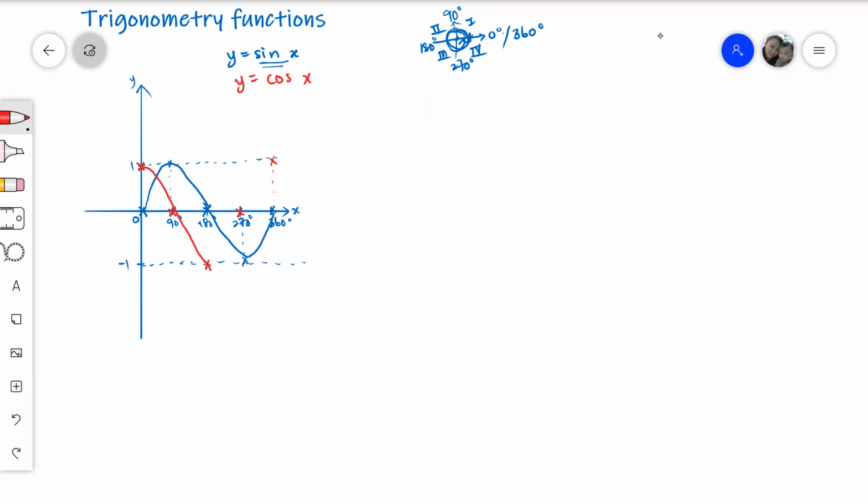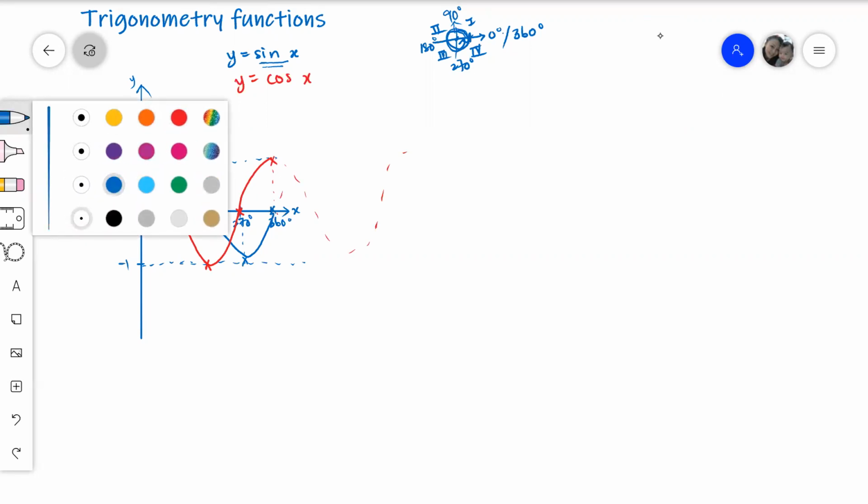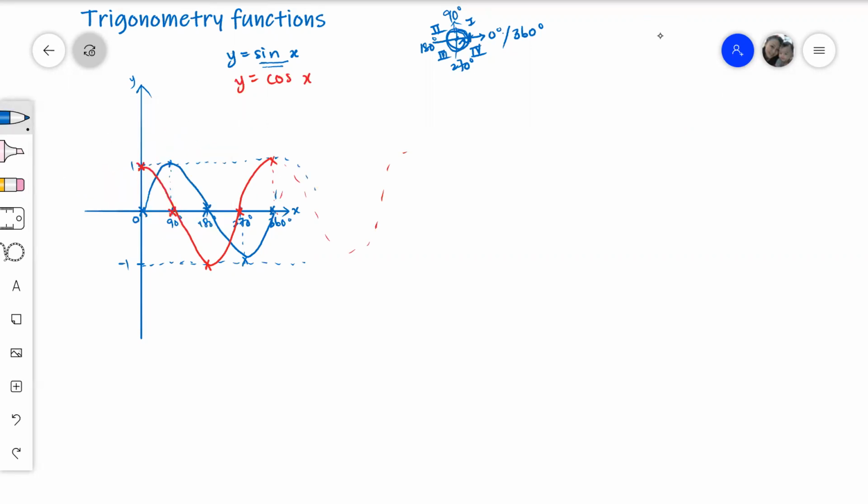Now, the sine graph and cos graph actually look exactly the same if we continue. We will have the graph that goes like this. Same thing goes to the negative part. It is just that the cos graph is 90 degree a bit later than the sine graph.